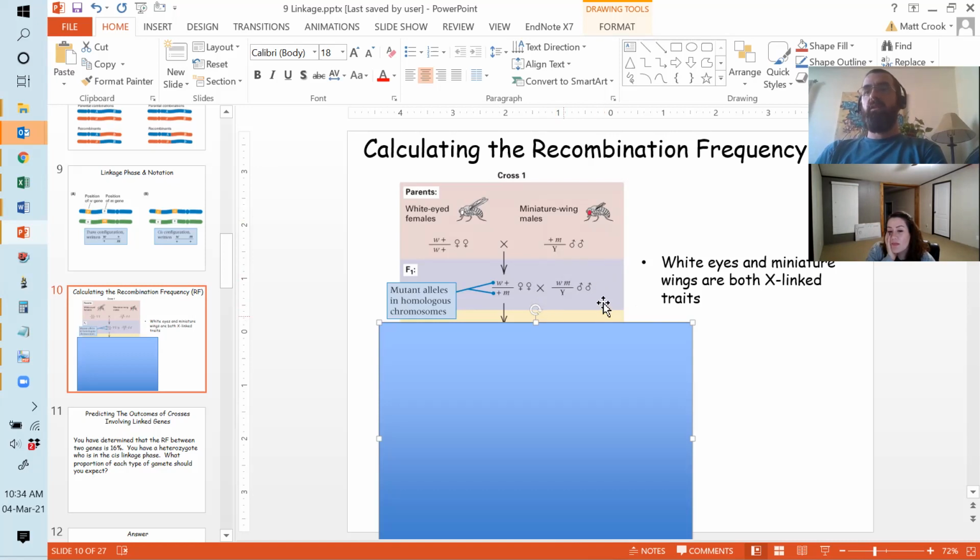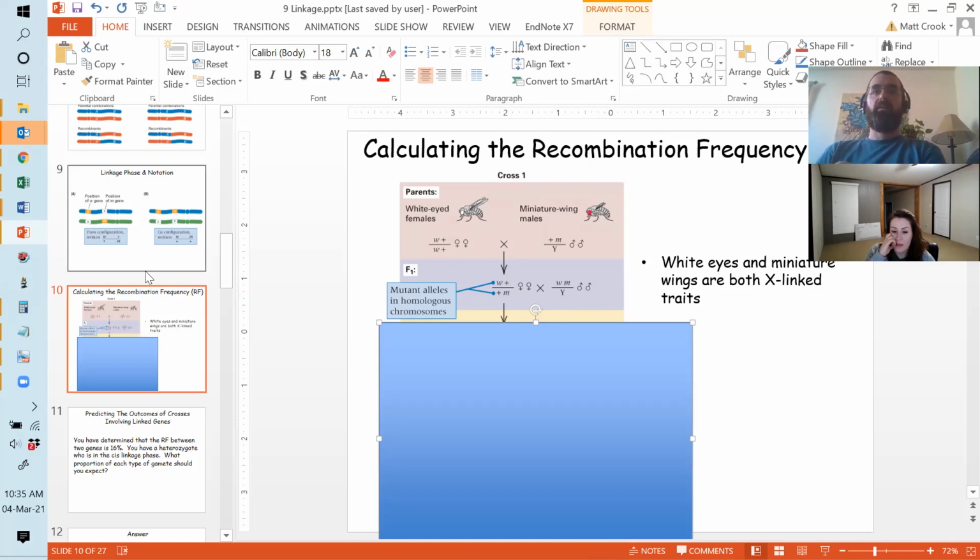This individual here is recessive, so it doesn't contribute anything to the phenotypes in the offspring, because these are recessive alleles. It doesn't matter if the individual had a W or an M. All you're going to see is whether it had a W or an M from the mother. So it's not a 9:3:3:1 ratio.